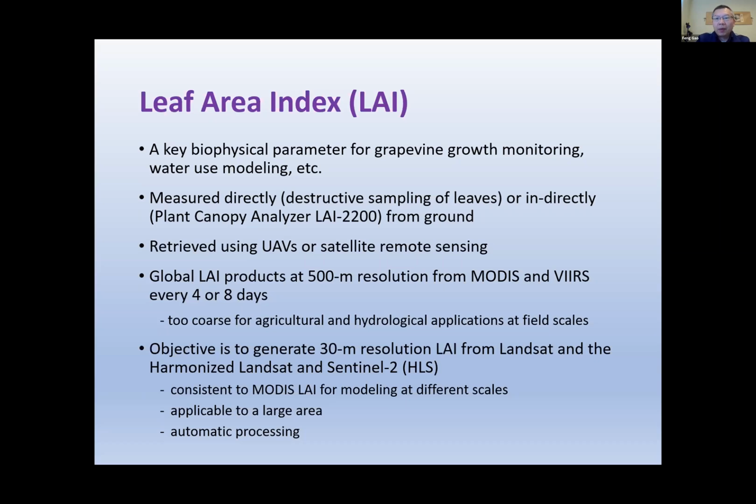It's a NASA data product. So we want to generate Landsat 30 meter resolution LAI that is consistent with MODIS LAI for modeling at different scales. This approach can also be applied to large areas and in an automatic processing mode.